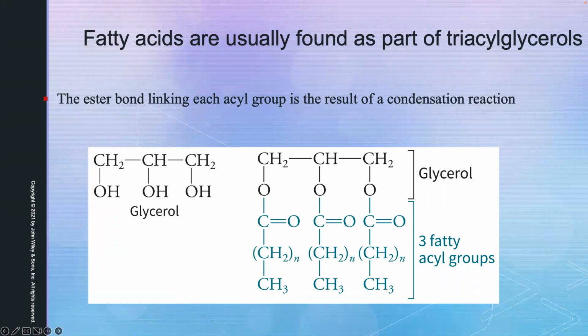This glycerol backbone has 3 hydroxyl groups, and that's where the fatty acids will connect. If we have 3 fatty acids that are the same, we call that a simple TAG. If there are 3 different fatty acids, then we call that a mixed TAG. When needed for metabolic processes, those fatty acids can then be cleaved off of the glycerol backbone.